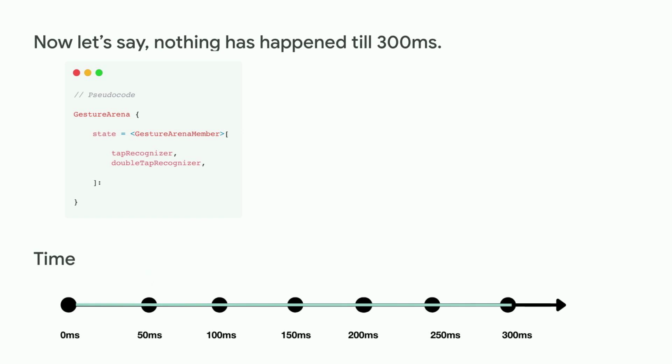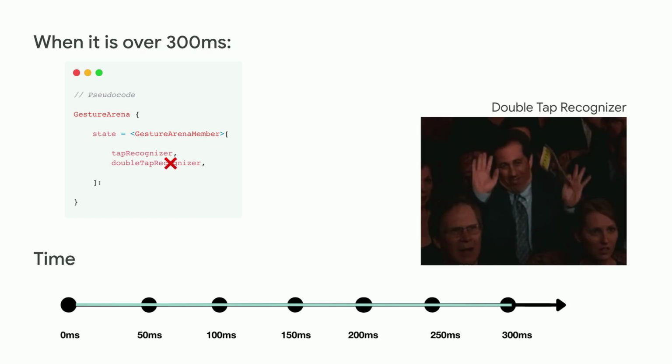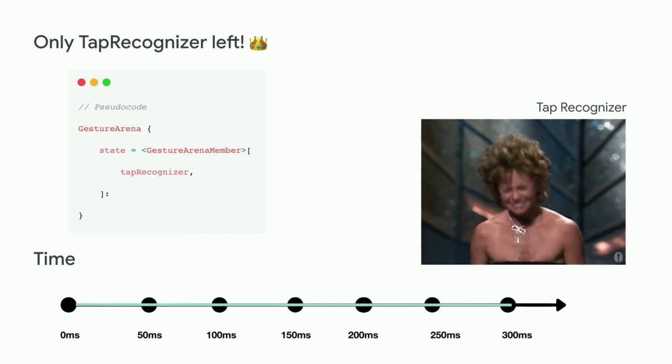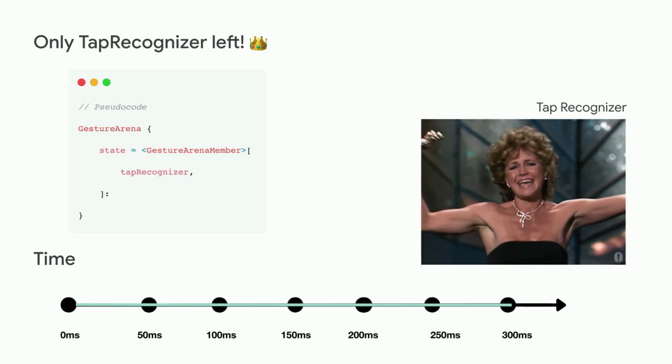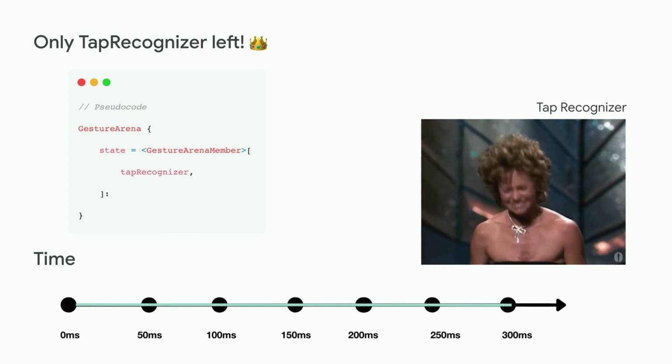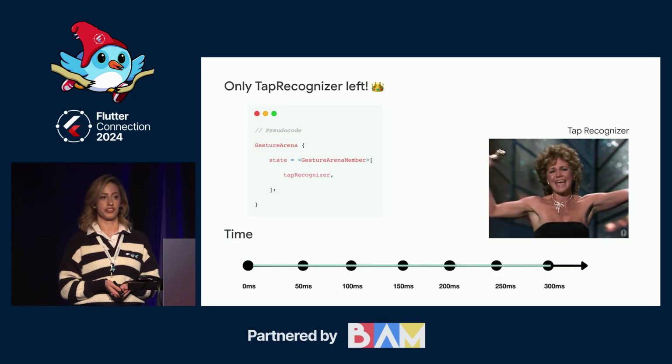Nothing is happening. So let's see the result. The double tap recognizer will say, unfortunately, there is no other action, and it just leaves and admits defeat. We only have the tap recognizer left. And of course, once only a single member stays in the arena, the tap recognizer wins, and your gesture detector will call the onTap function.